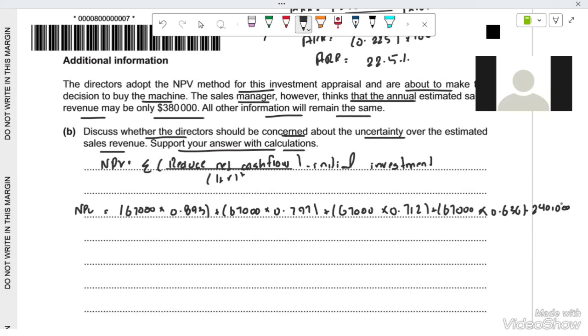So NPV is equal to 203,546 minus 240,000, which is equal to minus 36,454.